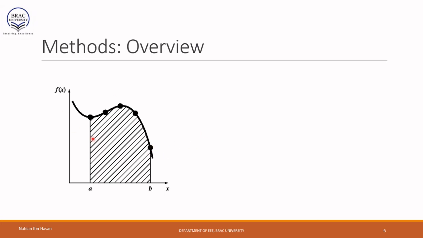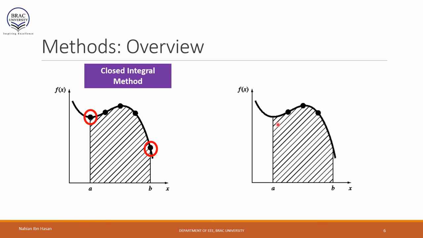So whenever we are talking about the closed method, we actually know the function values at these limits. But in open methods, we do not know the function values at the limits. Look at this: the limits are a and b, but we do not know the function values here. Okay, that's the difference between open methods and closed methods.